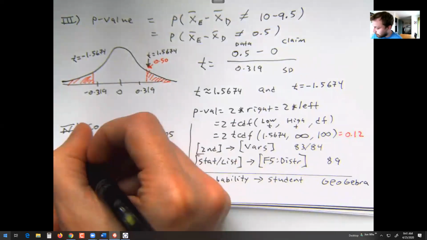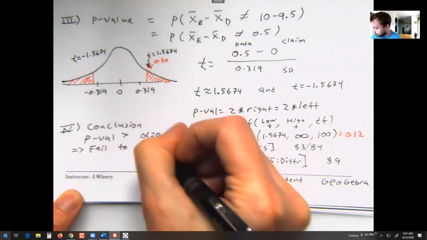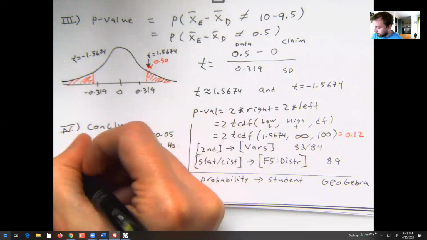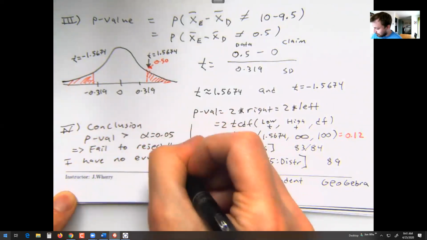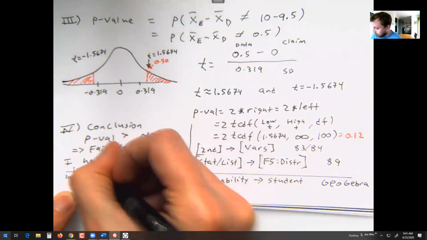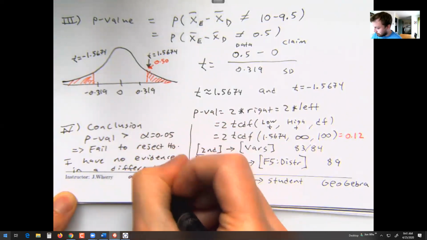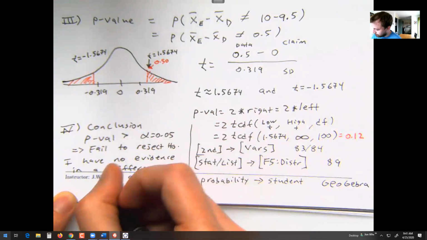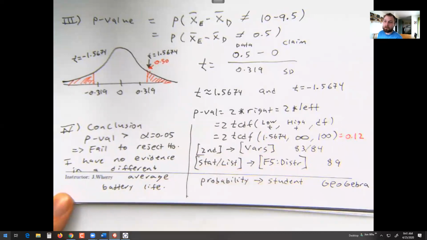If my p-value is large, I would fail to reject the null hypothesis, which means I have no evidence in a different average battery life. So if I wanted to make a commercial and say that Durabells outlast Energex, I legally couldn't do that. I don't have the evidence to do so.